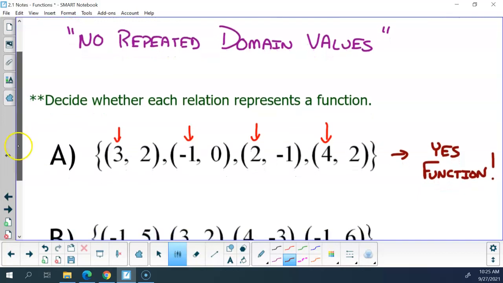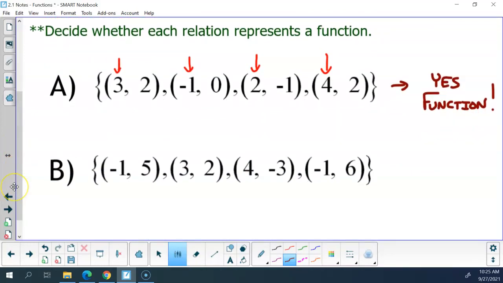Big exclamation. What about this one? Function, not a function. Why not? -1. Negative 1 shows up twice. Okay? Right here. And right here.